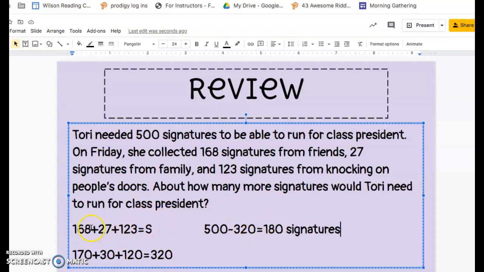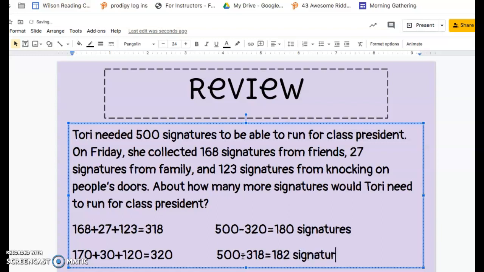So 168 plus 27 plus 123 would get me the real answer of 318. My estimated answer is 320, so I'm definitely pretty close. To find my real amount of signatures, I'd do 500 minus 318, which would get me a total of 182 signatures. 182 is very close to 180, so my estimation is correct.